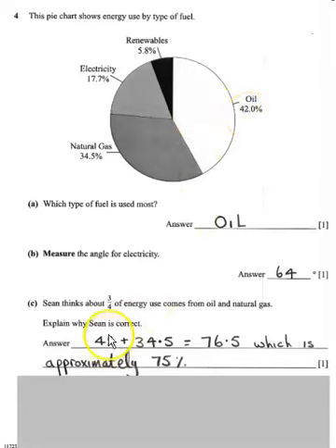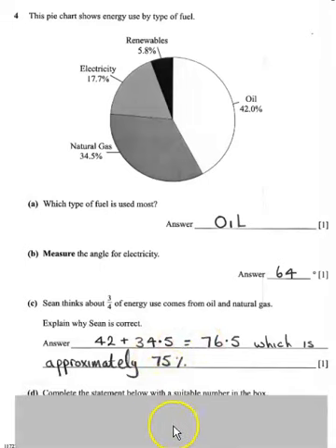Then we are taking natural gas, which is 34.5%, and we put it there. So 42 plus 34.5% is equal to 76.5%, which is approximately 75%. What that means is 3/4 is 75%. So basically it's quite close to that.